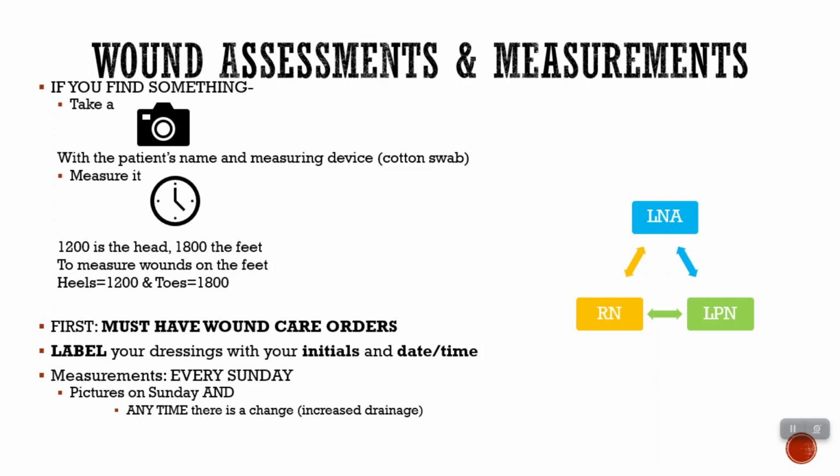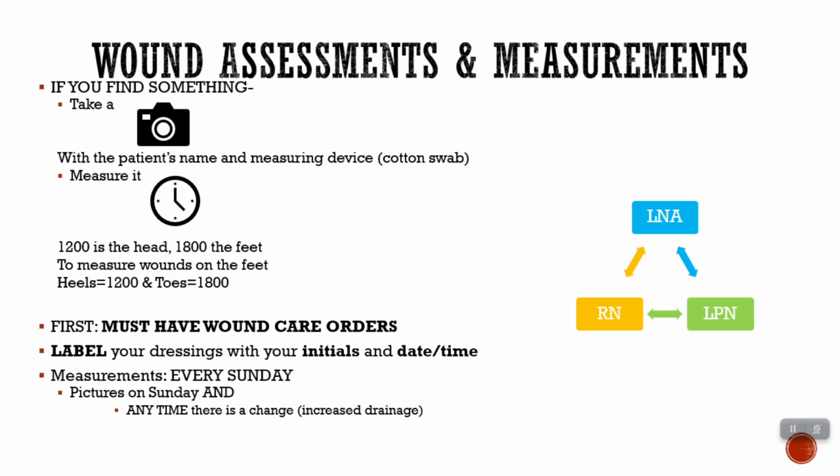Label your dressings with your initials, date, and time, and I'll re-emphasize this in another slide. Anytime there's something placed on a patient, it needs to have the date, the time, and initials. Measurements of wounds are every Sunday. Pictures are also taken every Sunday to evaluate healing, and anytime there is a change, like increased drainage, or it looks like the wound is getting worse.